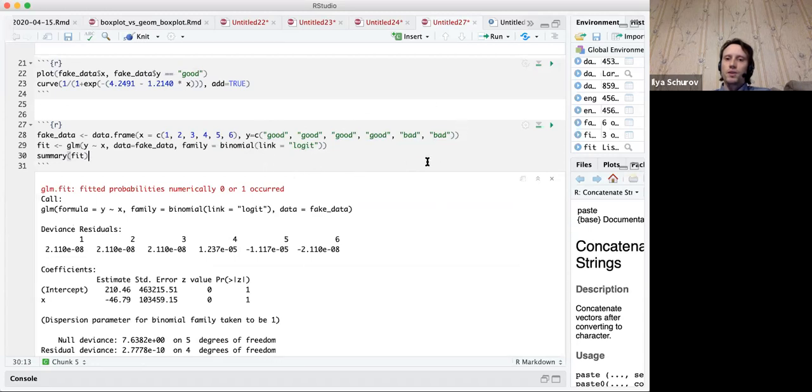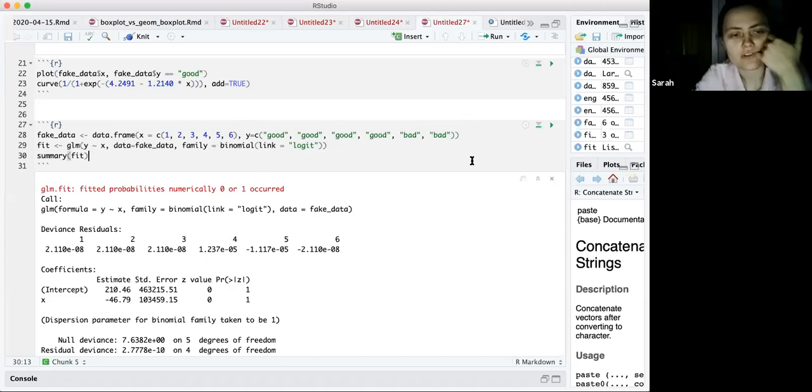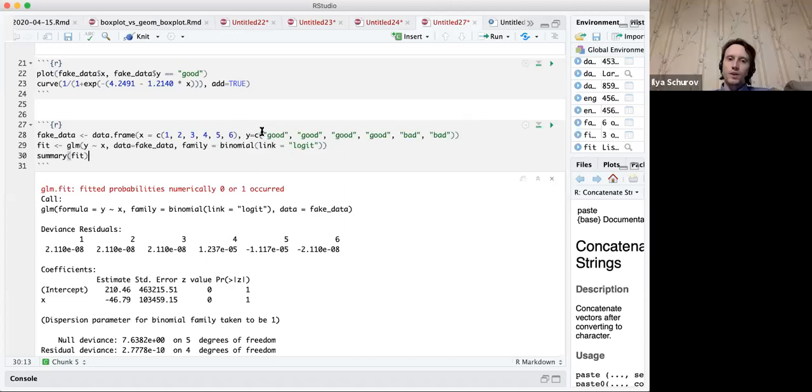If you have only this data and nothing more, and you believe that y does not depend on x, so we can ignore x, what is your best guess about the probability to get result good? Two-thirds. Yes, we can just calculate it as we have 4 elements good, 6 elements overall.